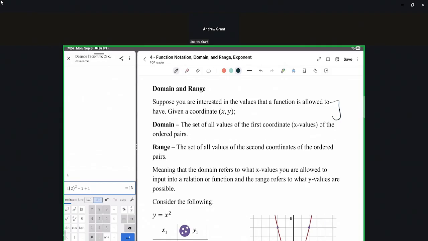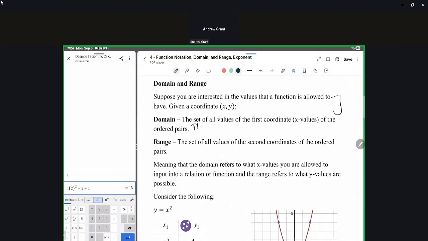So a more reasonable explanation of this is the domain is the values x can have, and the range are the values y can have.